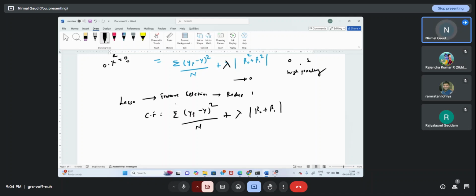So whatever features we are left with, they will be selected, and those which are reduced are dropped. Okay, they are dropped. Fine. So, what's next?